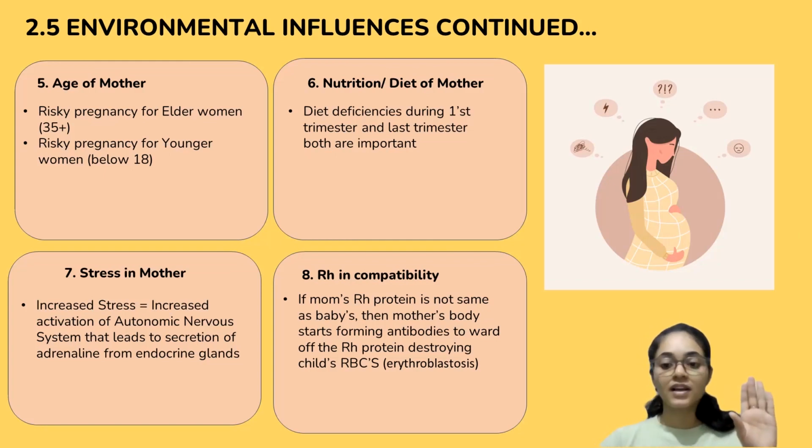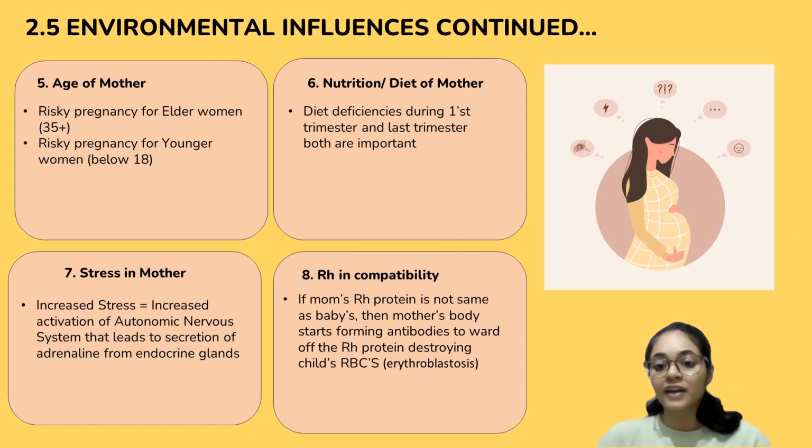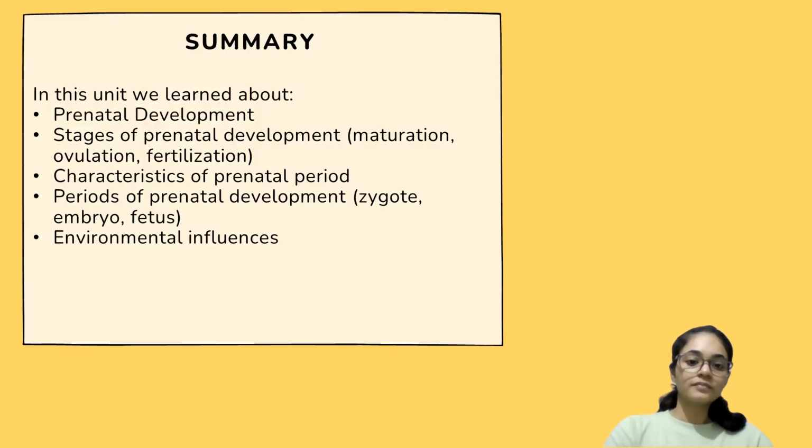Since she has a plus and the child has a minus and they are incompatible with each other, mom will start making antibodies to protect herself from the minus. In a way, when her body is doing that to protect her, it's actually killing the baby, because you are making antibodies to fight the baby and its RH protein, thereby impacting the child's development.